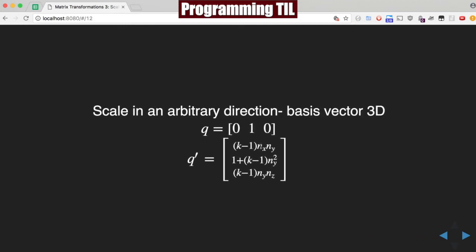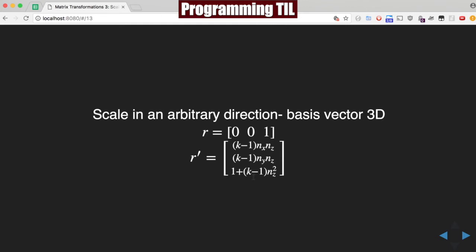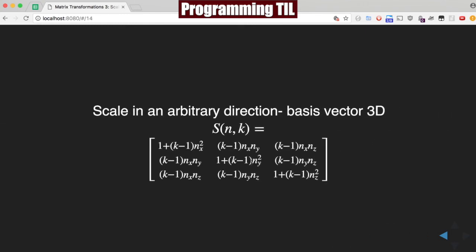Same thing for the next one, it'll be nx and ny and nz on the bottom, and then the formula here with ny squared. Finally, this one will be the nz squared formula, and then nx and nz, and ny and nz.